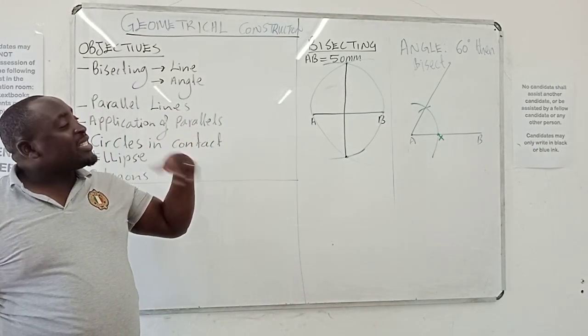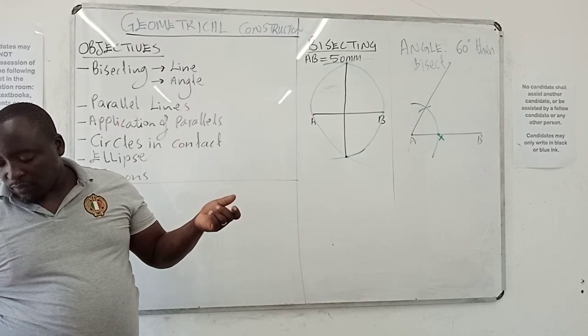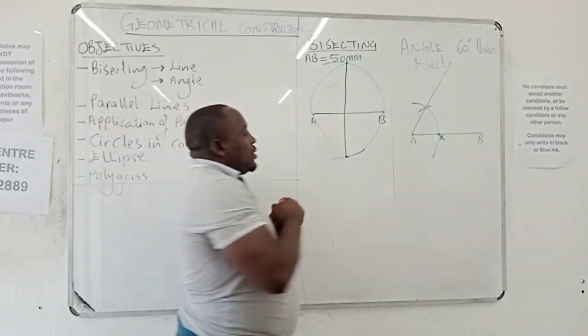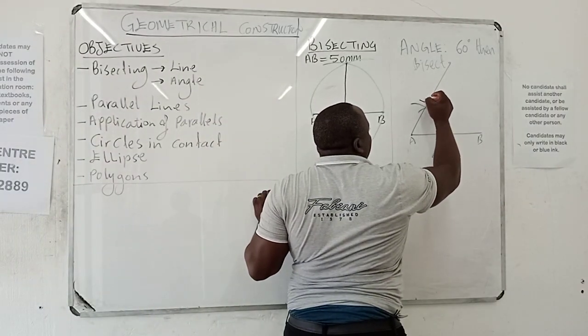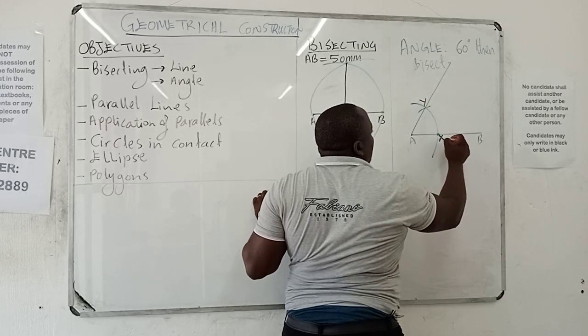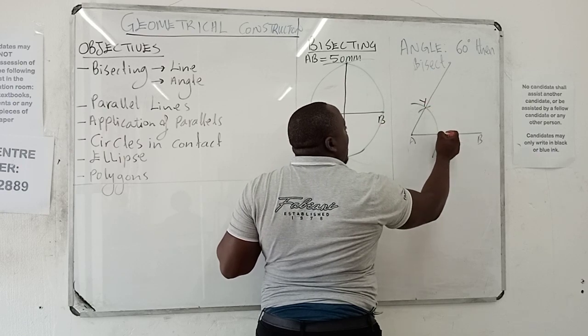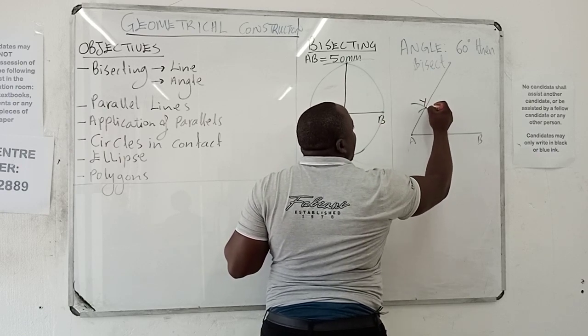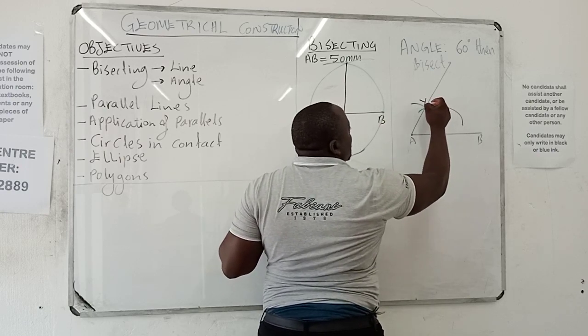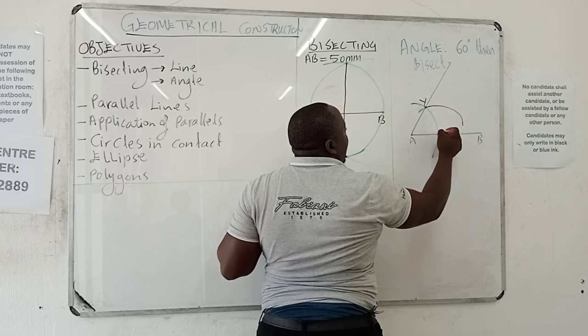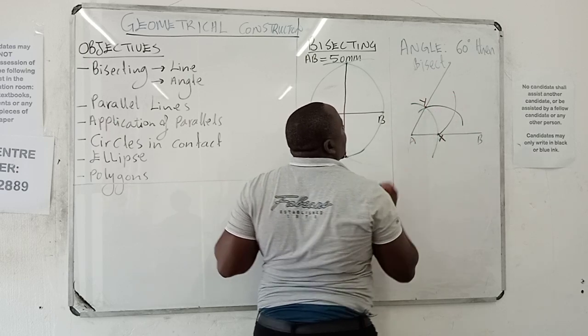Now we need to bisect this angle. I'll say this is Y. This is our X. Put your compass at X, open it to Y, and draw an arc. Put your compass at Y, open it to X, draw an arc.